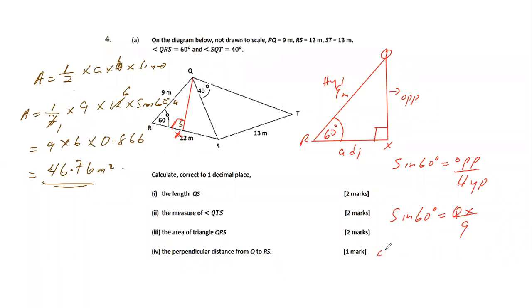Sine 60 degrees gives 0.866. So 0.866 equals QX over 9, which means 0.866 times 9 is equal to QX. Then we multiply that.